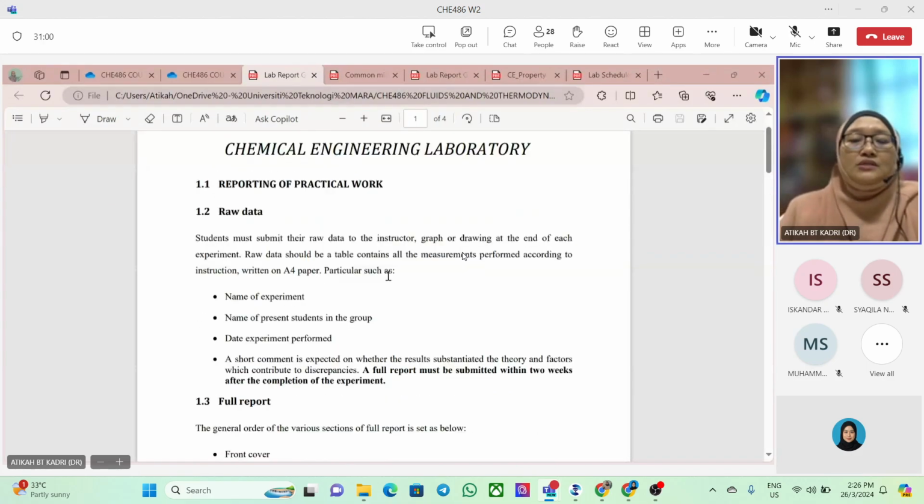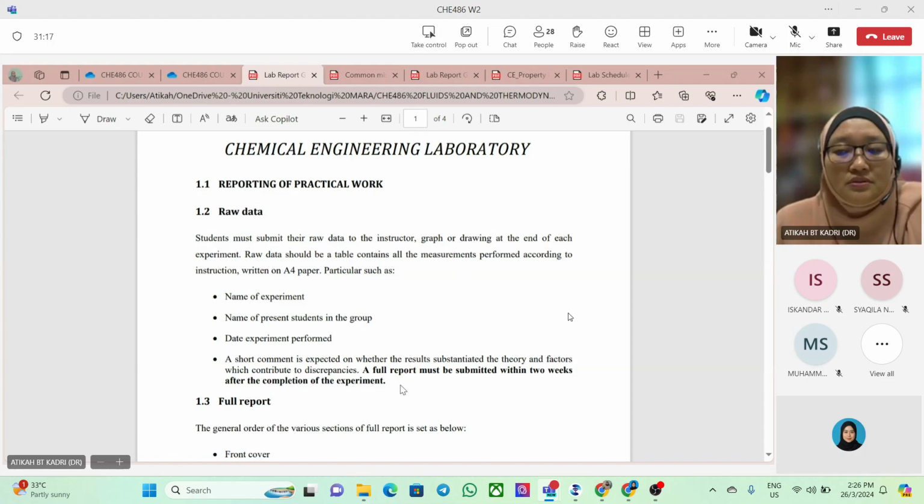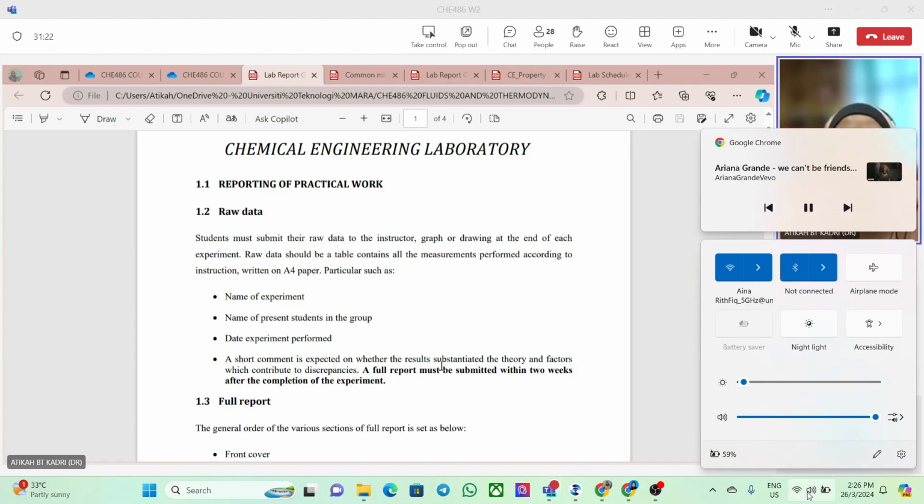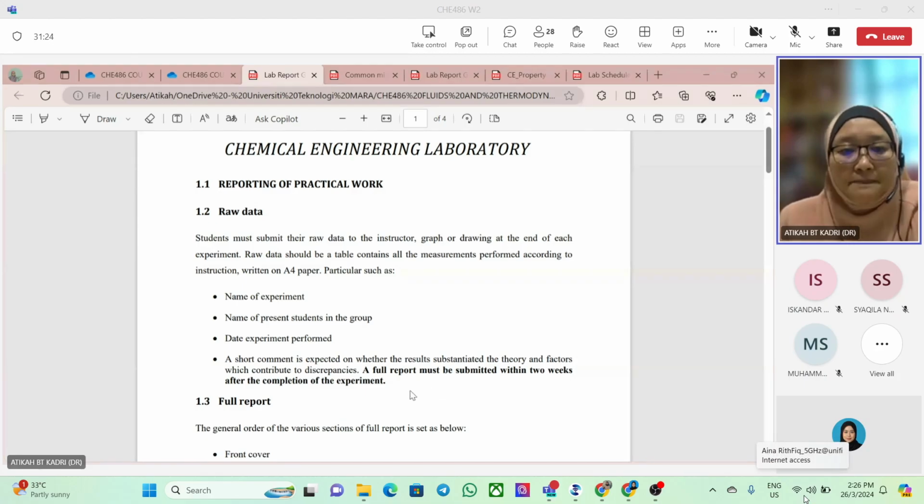Did I mention to you that after each laboratory session, you need to make sure that you get your raw data sheet stamped by the lab technician? Did I mention that the other day? Yes. Okay. So please make sure that you get that copy stamped and attach it with the full report afterwards.